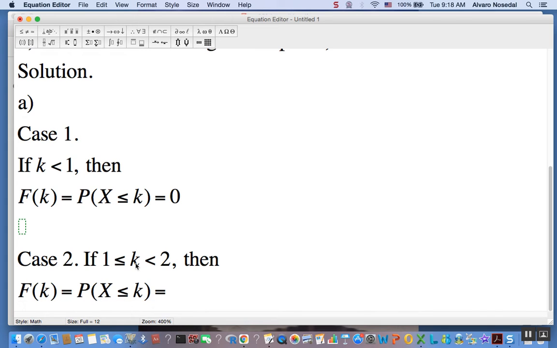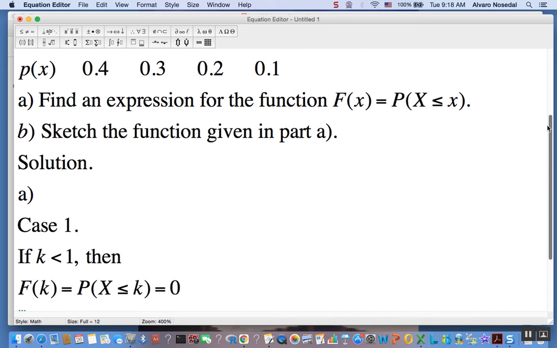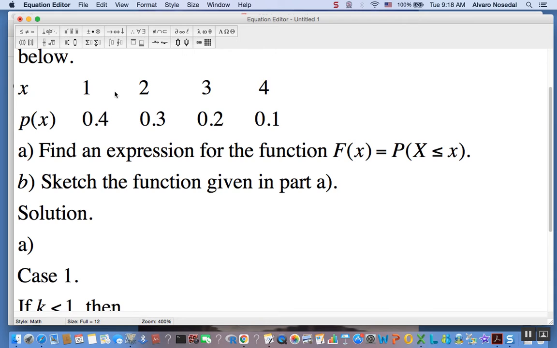Let's think in terms of a particular case. Say that k was 1.5. The probability of rolling something that is less than or equal to 1.5, that would be what? That would be the probability that x is less than or equal to 1, because we don't have a 1.5.